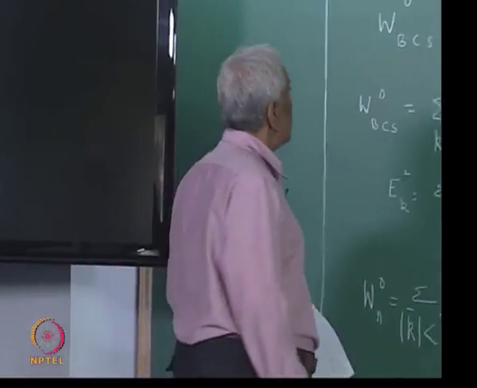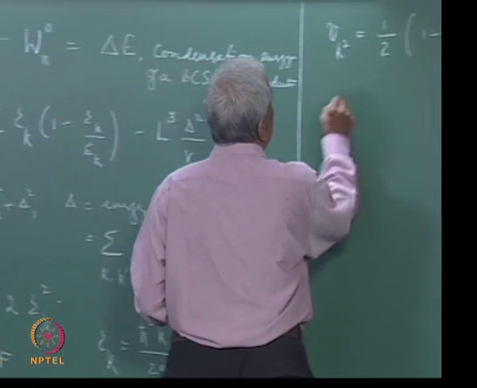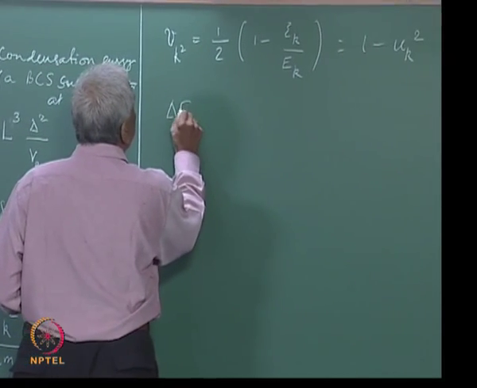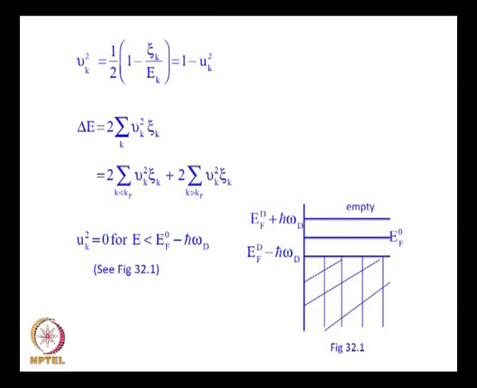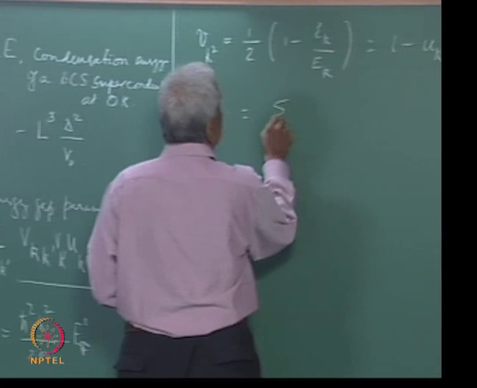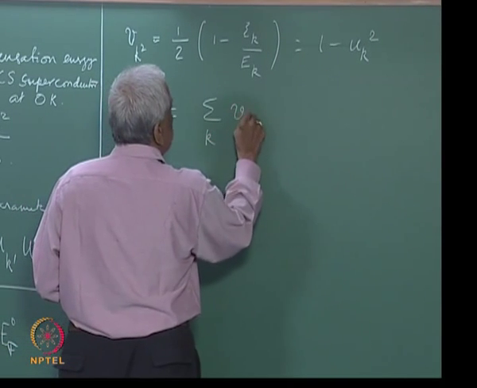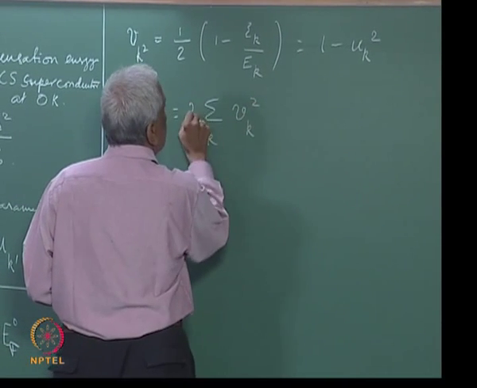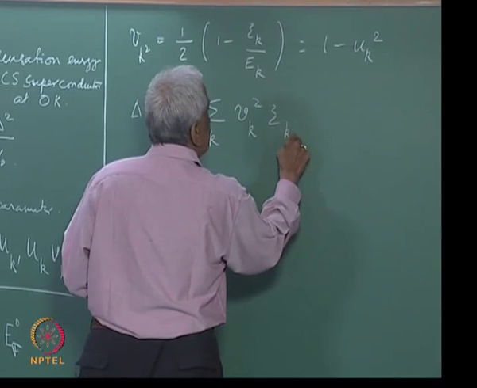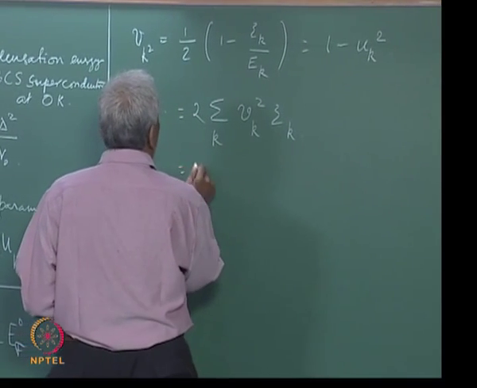Using these, we can calculate delta E, and in order to do that, we split the summation into two parts.